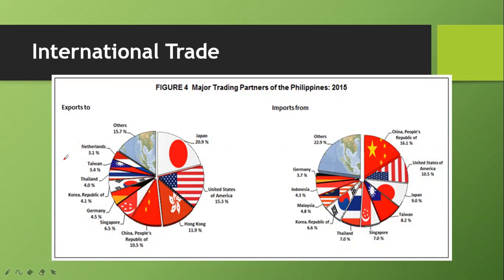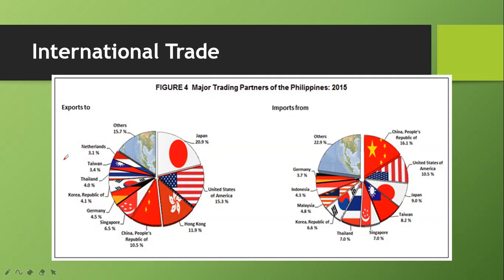So what is export, guys? When we say export, it is from the Philippines to other countries. We are the ones sending goods there, like for example, our bananas.